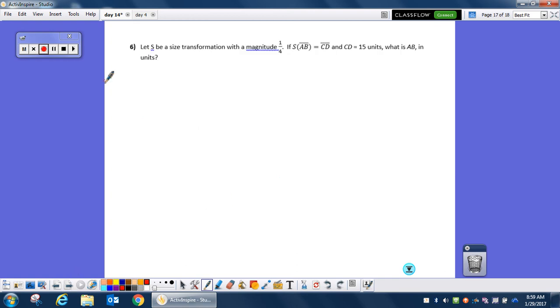Alright, number 6, you really got to make sure you read the question. The size transformation with magnitude 1/4. So you're applying a size transformation of 1/4 to segment AB to get segment CD. Okay? What they give us is CD.